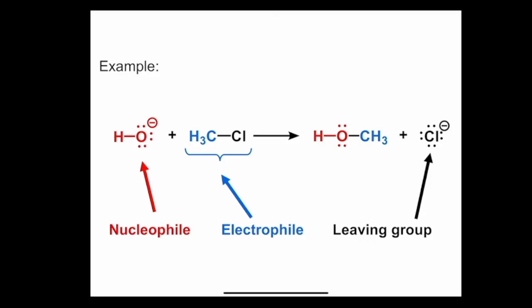So more specific, putting actual molecules to this would be a substitution reaction. We have a nucleophile. It's this hydroxide species, lots and lots of extra charge, negative charge around the oxygen. We have the electrophile, the other part of this reaction. The electrophile has 2 specific things. There is what we call the reactive center.